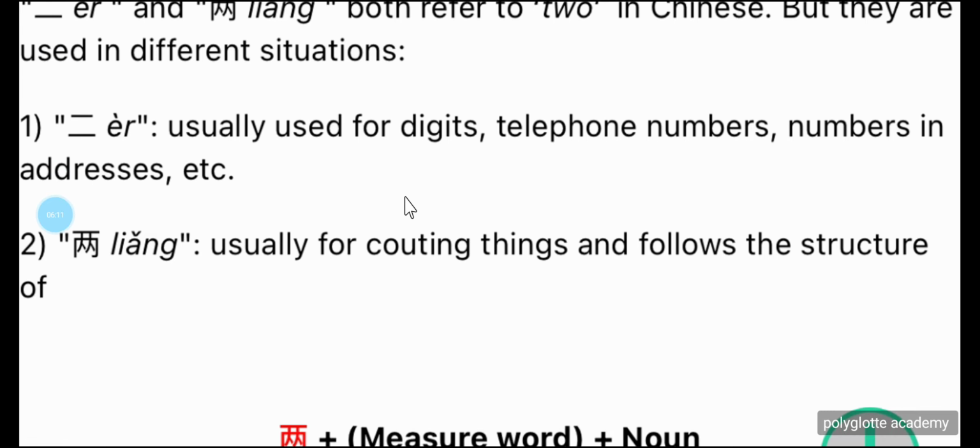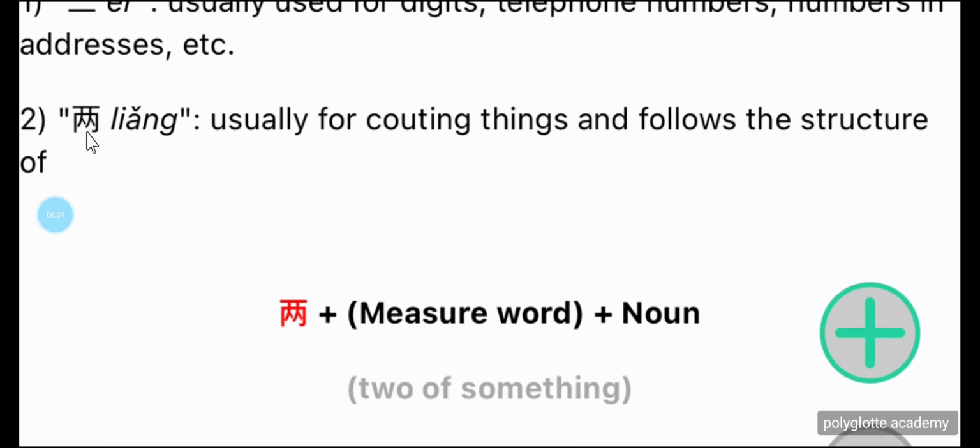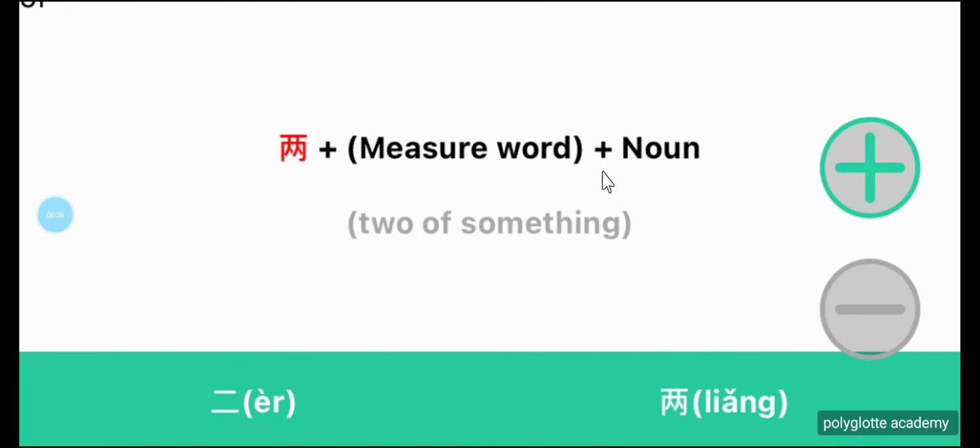Let's see the first situation. 二 is usually used for digits, telephone numbers, in addresses, etc. Now we use 两 usually for counting things, and it follows the structure of 两 plus measure word plus noun.